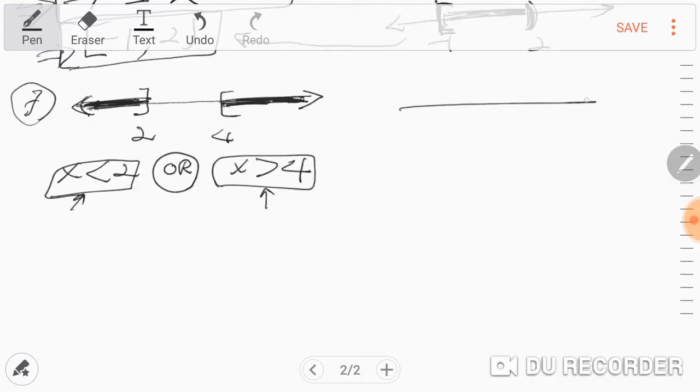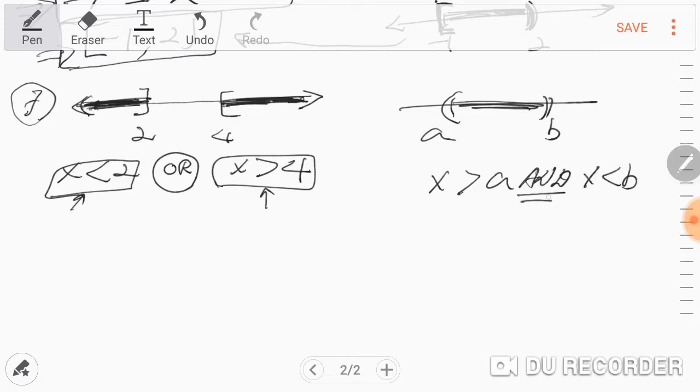Between a number a and b, we have to use and: x is greater than a and x is less than b. We have to use both. But if the intervals are separated, then we have to use or instead of and.